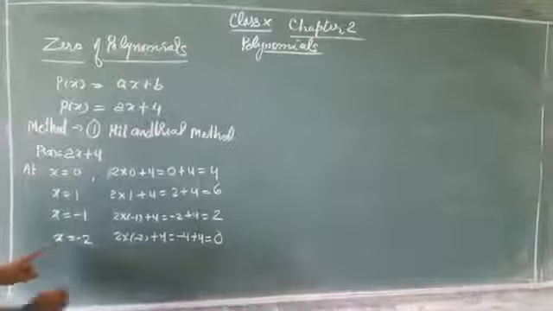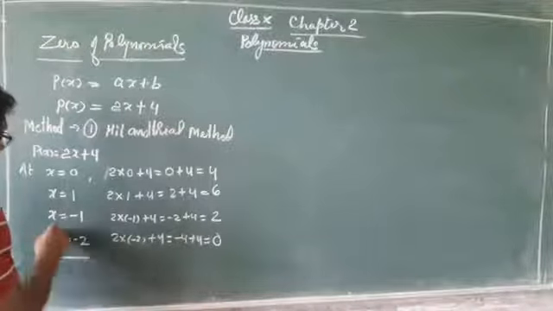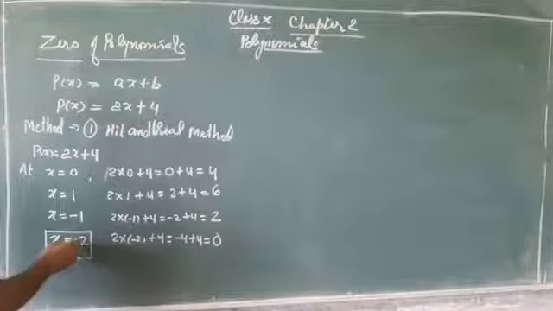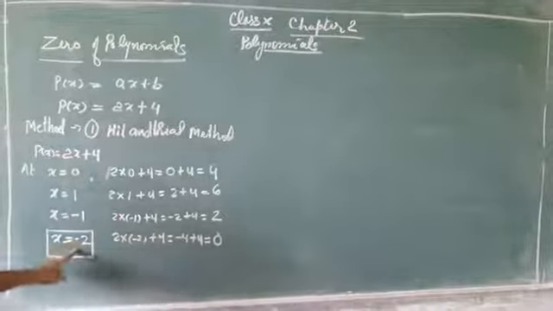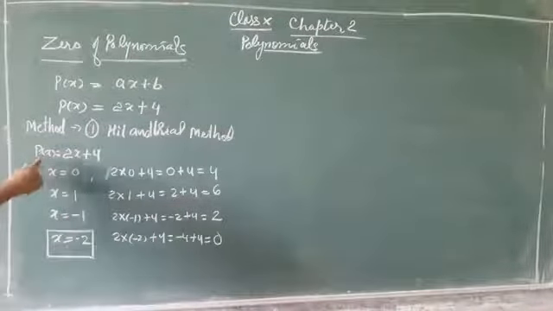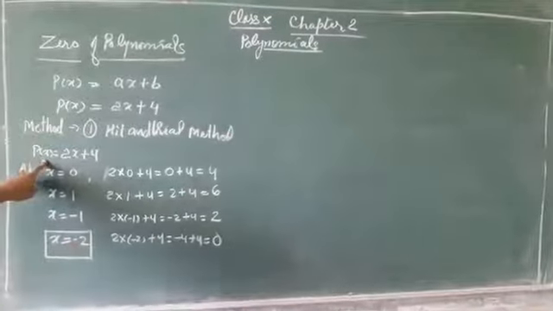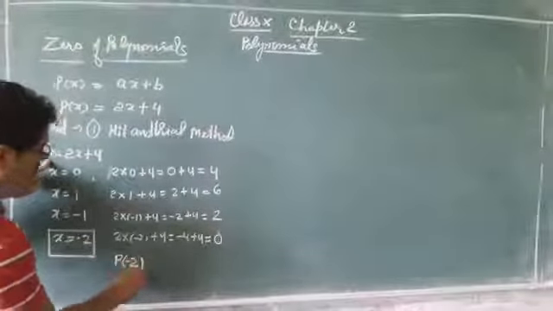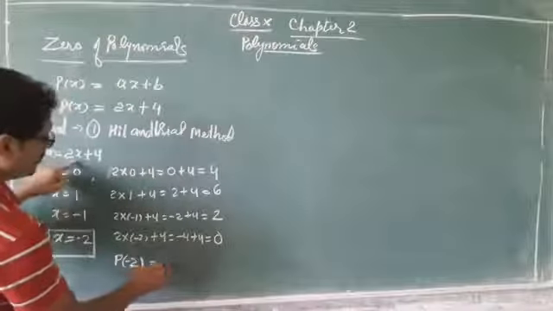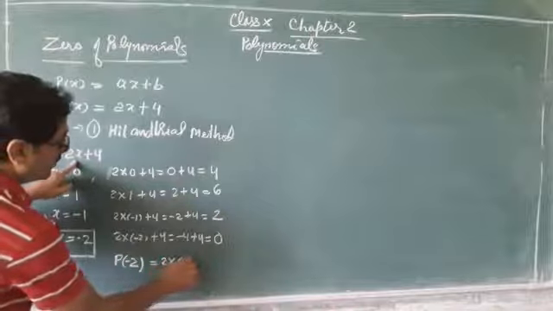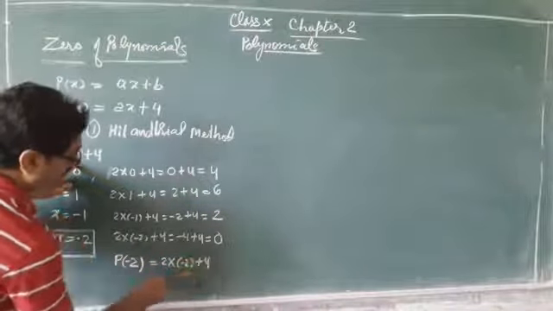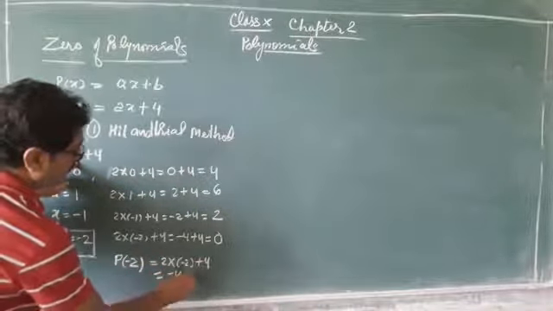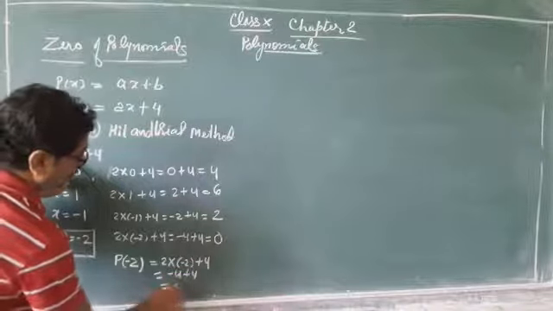So at x is equal to minus 2, this polynomial becomes 0. Means p of minus 2: we put the value x is equal to minus 2 in this polynomial, so it becomes 2 into minus 2 plus 4, that is minus 4 plus 4, means 0.